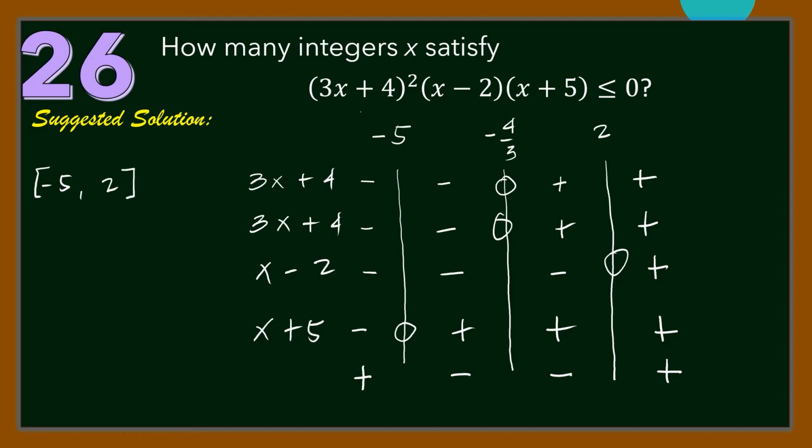And the integer values for x in this interval are negative 5, negative 4, negative 3, negative 2, negative 1, 0, 1, and 2. Hence, there are 8 integers x that satisfy the inequality.